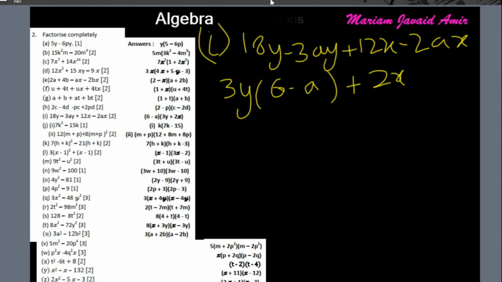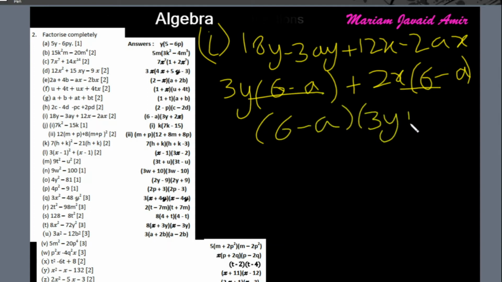I must have missed something here. Took y common, and here, yes, I've taken x common, so we're left with 6 minus a. So 6 minus a, write it once, and 3y plus 2x, write that in one bracket. So that's the answer for part I.